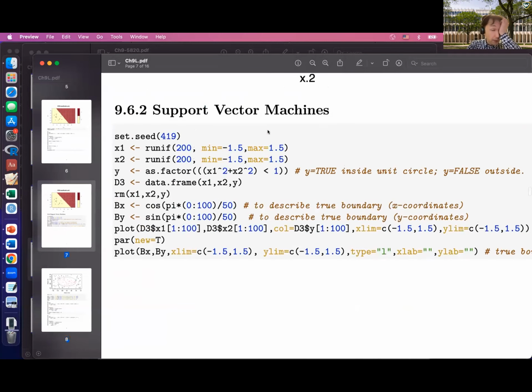So I generate 200 points using the uniform random numbers, and we define y by this condition: if the point is within the circle, then y is true, and outside, y is false.